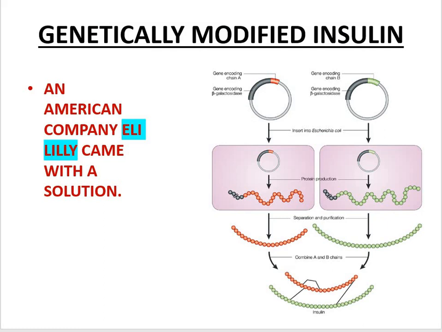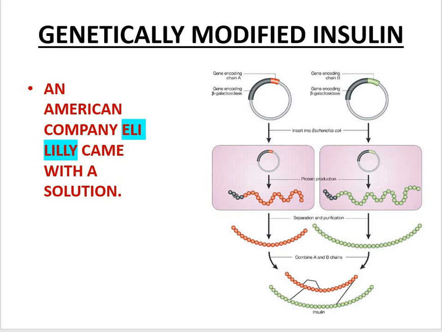This genetically modified insulin was very successfully produced by an American company called Eli Lilly. So what the scientists in this company did was, they took the chain A and introduced it in one plasmid. This plasmid was introduced in the bacteria. They took another plasmid to which the chain B was joined.